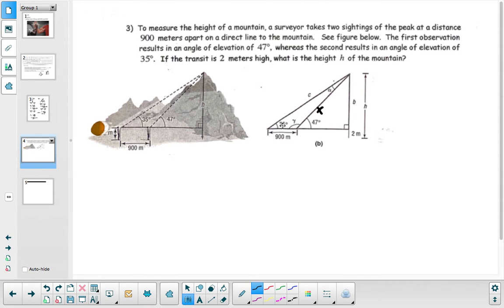To do this, we need to think about this triangle as well. 180 degrees makes a straight line. We've used up 47 of those degrees to get this angle. So 180 minus 47 is going to be gamma, which should be 133.